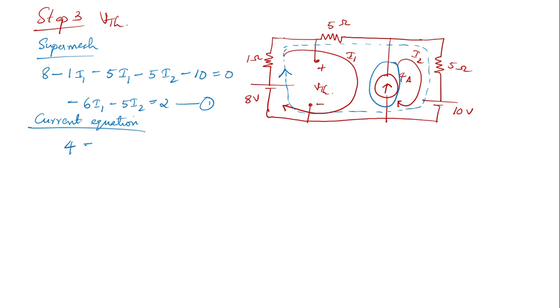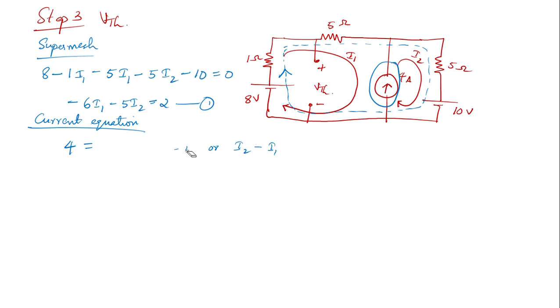The 4 ampere is present between the two meshes I1 and I2, so obviously 4 amperes will be the difference of I1 and I2. Either it can be I1 minus I2 or I2 minus I1. How can you decide which one it is?